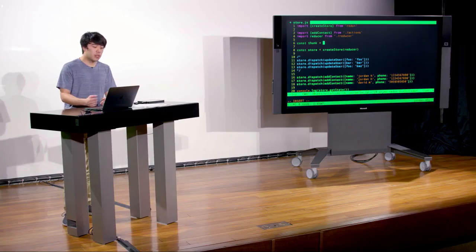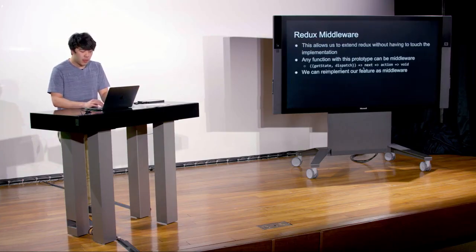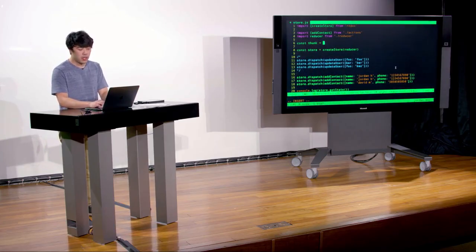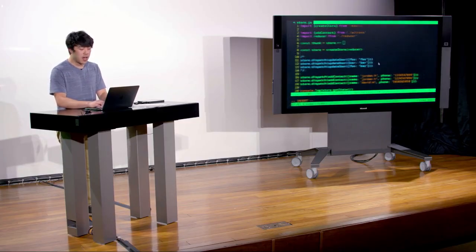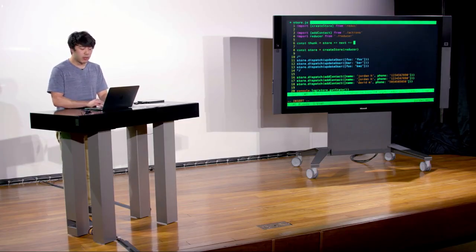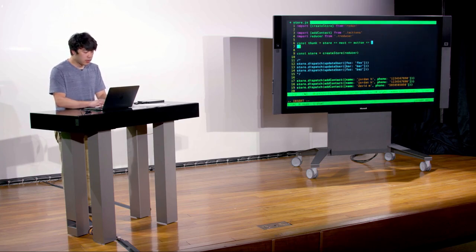And so let's actually just copy this exact function prototype. It's going to be something with keys getState and dispatch, or let's just call that store. It's going to then return a function that expects a next, is then going to return a function that expects an action, and then it's going to do something.